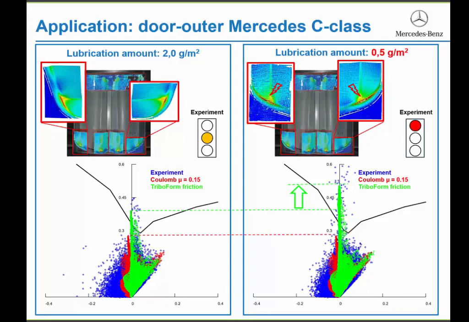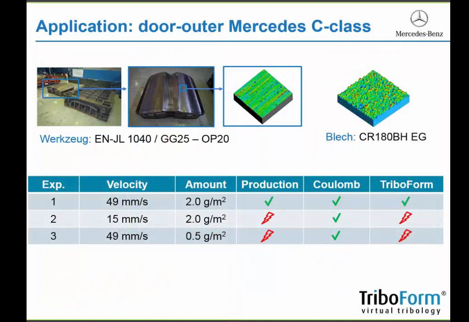So this really gives a very nice overview of the TriboForm software and what you can do with it. If we look at the results from tryout production: for the first case, it was critical but no cracks, so okay. And for the other two cases, we find cracks in the product.